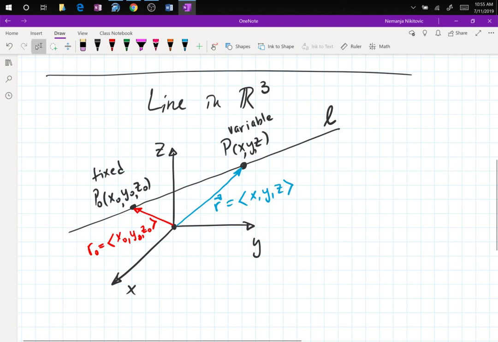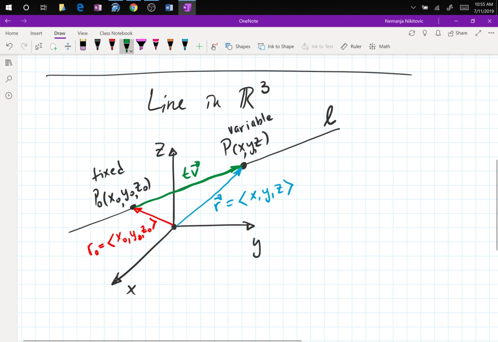Now, if you take a look at these 2 vectors, I'm also going to create another vector along the line over here, as a green vector with the arrow, and I'm going to label that vector as TV.